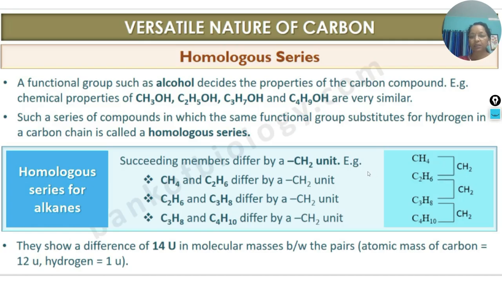Since the arrangement is somewhat similar, it shows similar chemical properties. Such a series is called a homologous series, which has similar chemical properties but differs by a CH2 or 14u molecular mass.